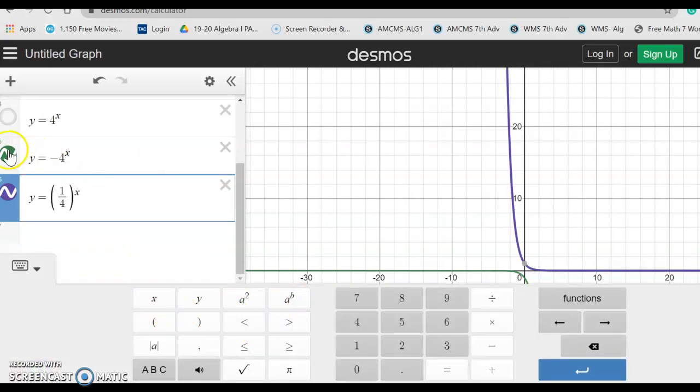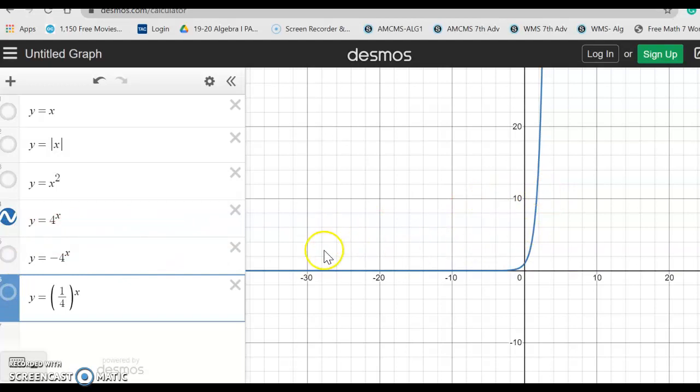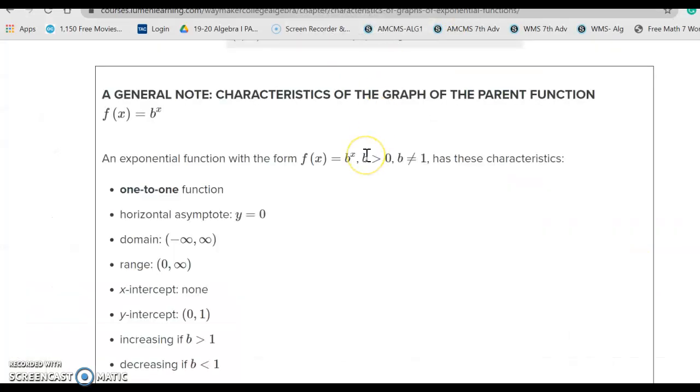I'm going to compare, let's see if I can change the color of that guy. I can't. Okay, we're going to have to click them on and off. This is an exponential growth. This one is called an exponential decay. And so there are characteristics.